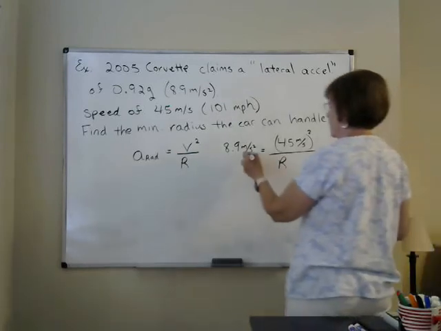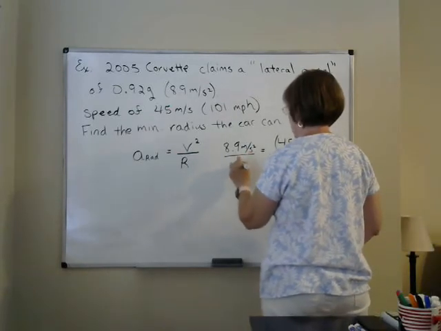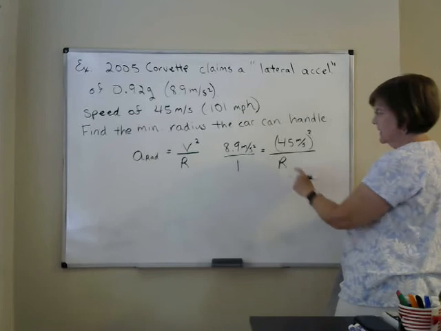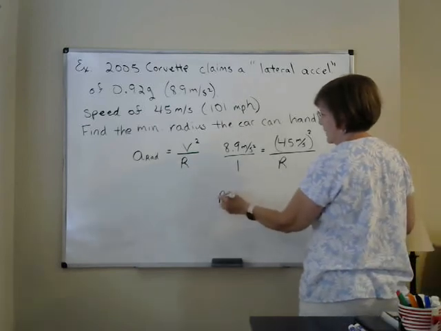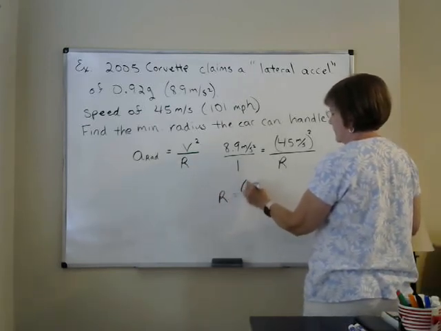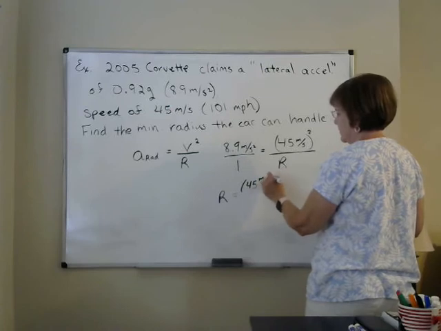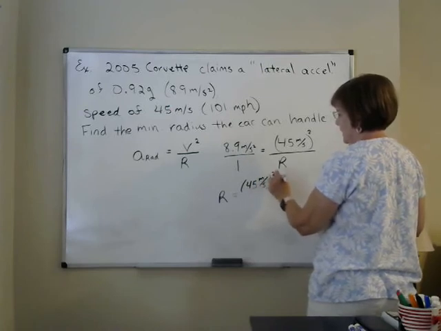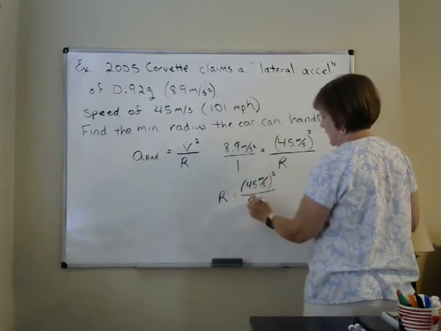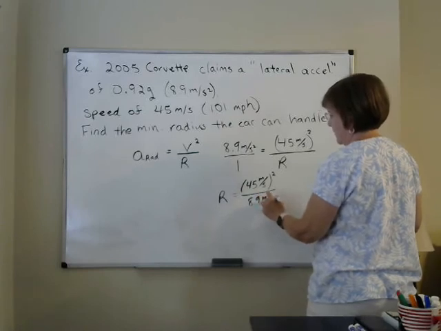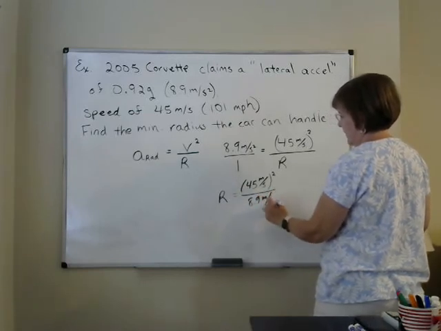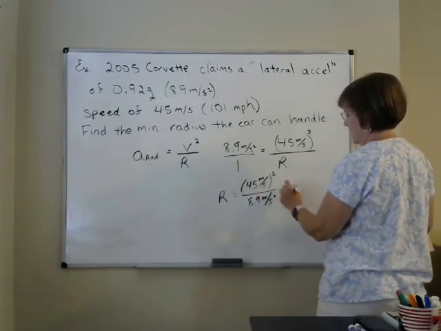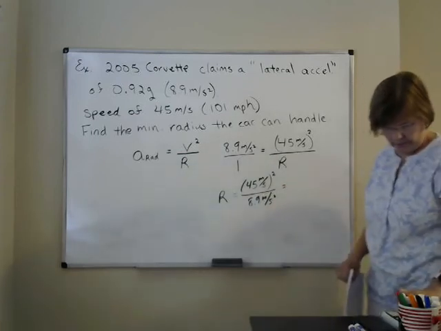If you put this over 1, it becomes real easy to see that r will equal 45 meters per second squared over 8.9 meters per second squared.